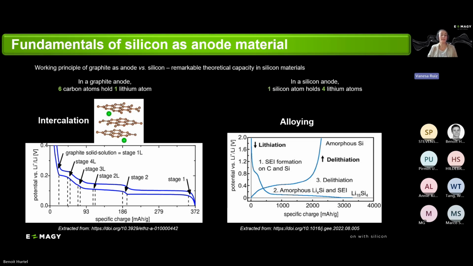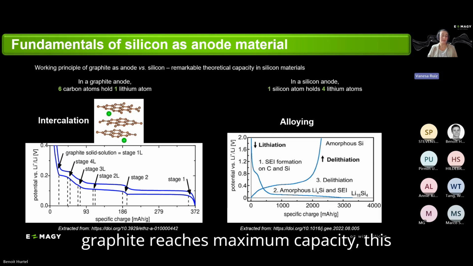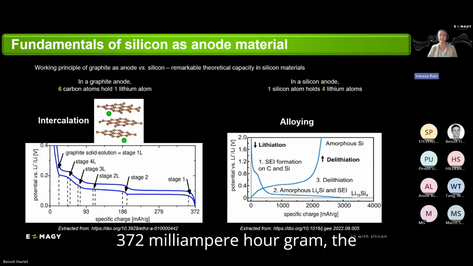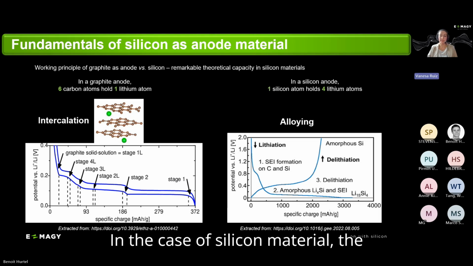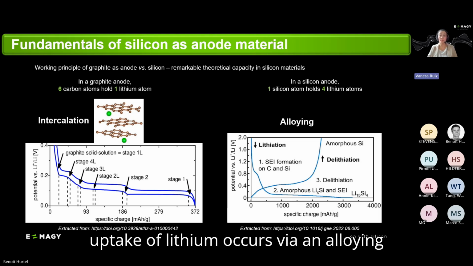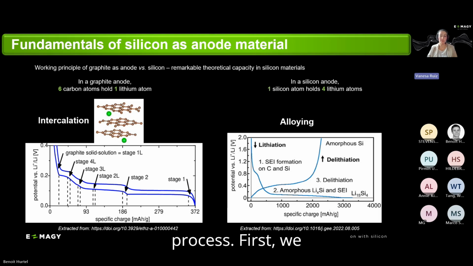At the point where the graphite reaches maximum capacity, this 372 milliampere-hour per gram, the material will expand around 10-13% in volume.